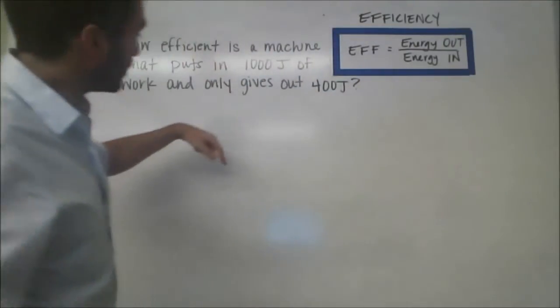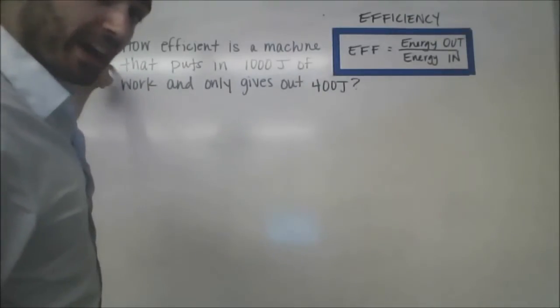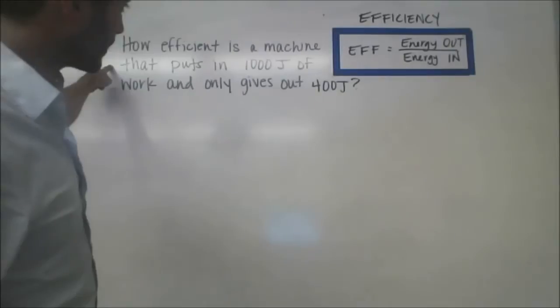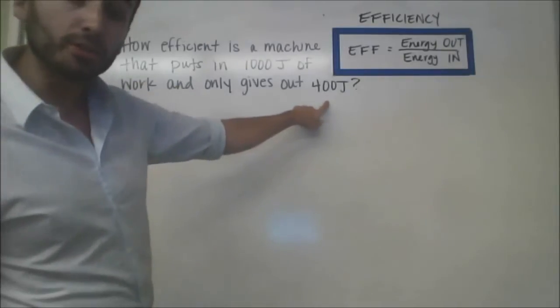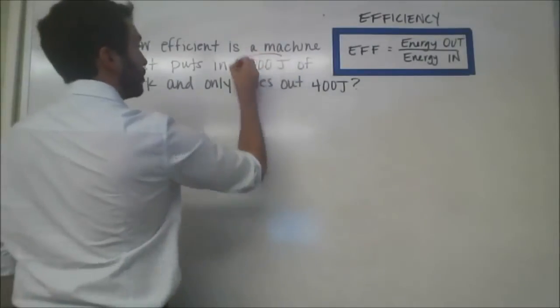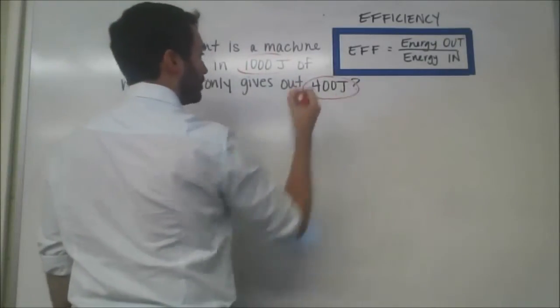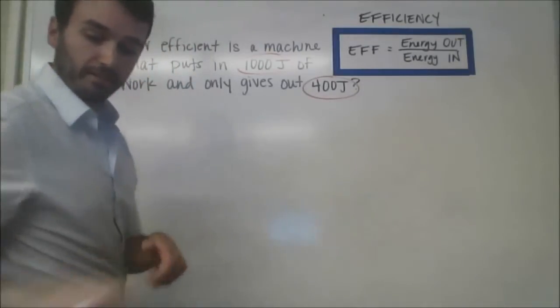So if we look at a problem, how efficient is a machine that puts in 1,000 joules of work and only gives out 400 joules? Let's pick out what we know, of course. We know that we have 1,000 joules of input and we have 400 joules of output. All right?